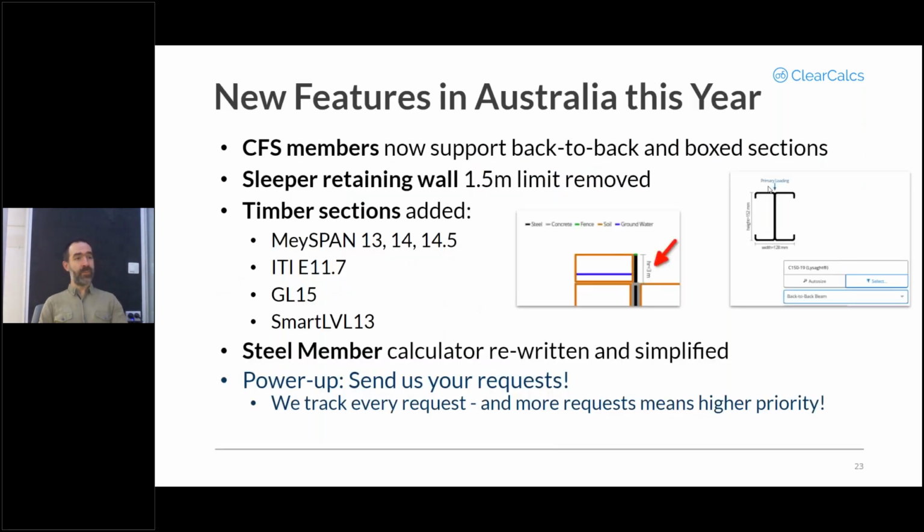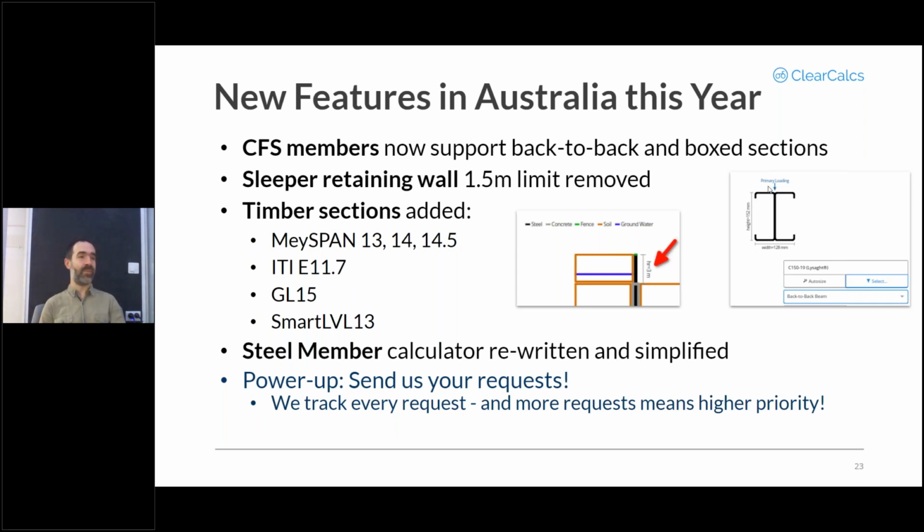So I also wanted to just briefly discuss some of the new features that we have created this year and give you a sneak peek on a couple of others that are incoming. So in Australia this year, we now support back-to-back and box sections for our cold form steel calculators. We removed the 1.5 meter limit on our sleeper retaining wall, validated some of our calculations to higher heights, so that we are confident that we are giving you accurate results to higher heights of sleeper retaining walls.